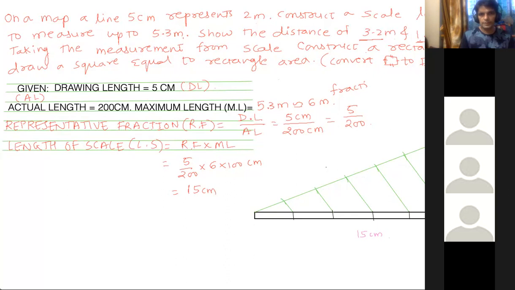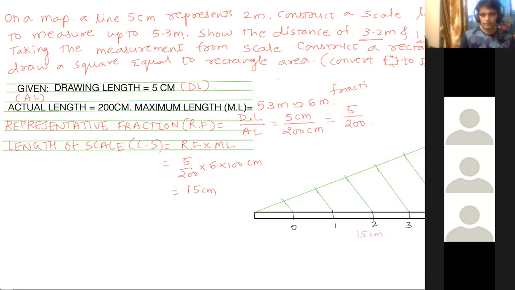Got it? So this is how we will write 0, 1, 2, 3, 4, 5. And when you take a scale, this is how we have to write meter.